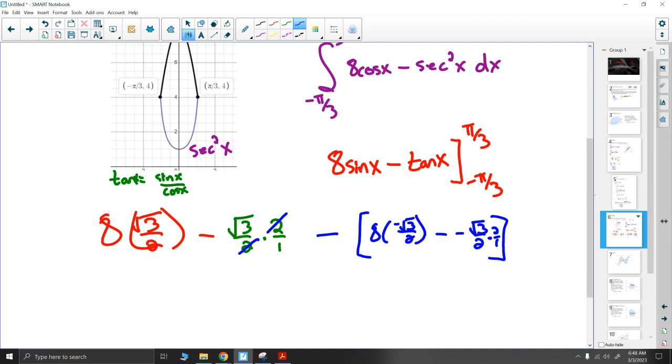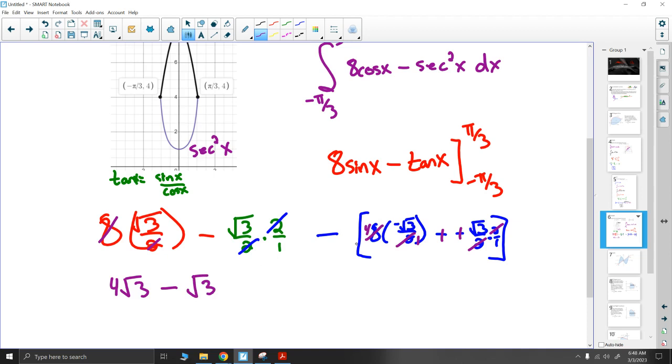Okay, so this becomes a positive. The 2's cancel. Clean this up a bit. 8 and 2 makes 4 square roots 3, minus square root 3 minus a negative. So this is also a 4 and this becomes 1.